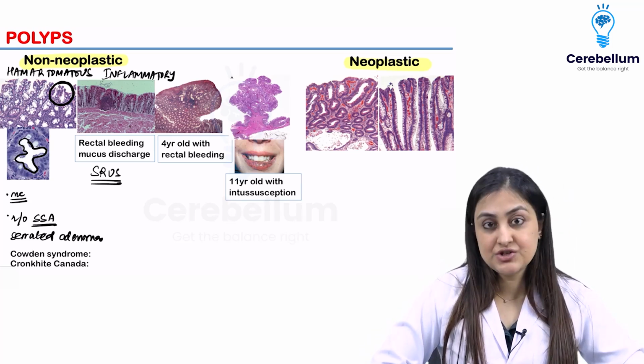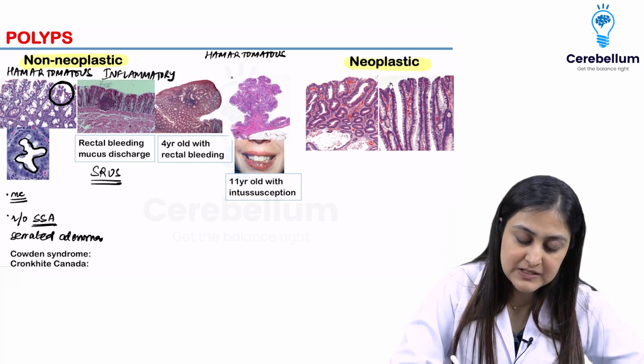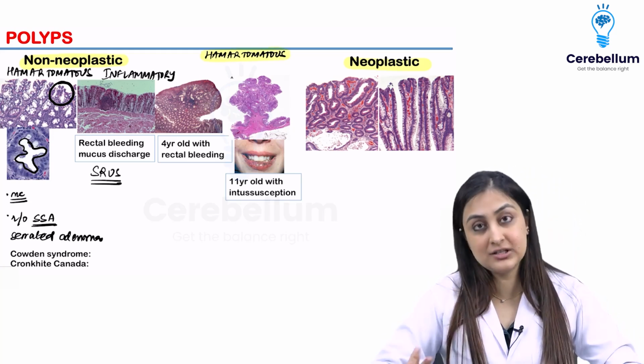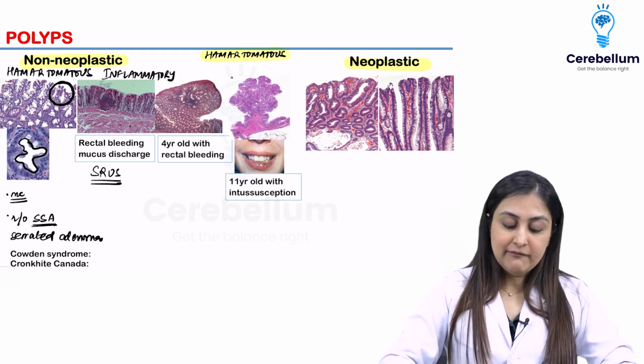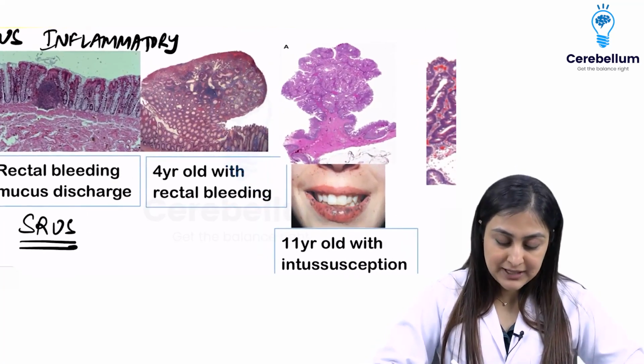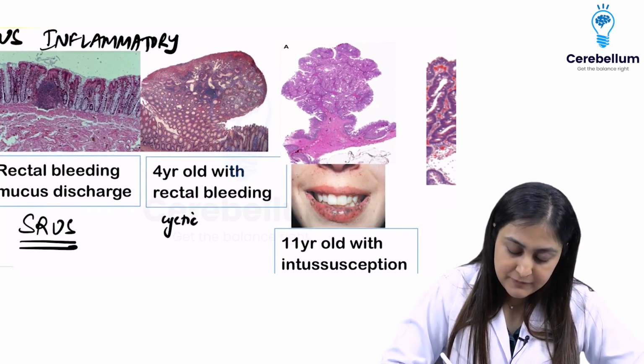Then where you get questions from are the hamartomatous polyps. So what are the hamartomatous polyps? Again, remember, these are non-neoplastic. Hamartoma is not malignancy, it is disorganized tissue. Okay, so when they give you a child, a 4-year-old with rectal bleeding, and look at this, this is the hallmark, you start to see cystic spaces within the polyp.